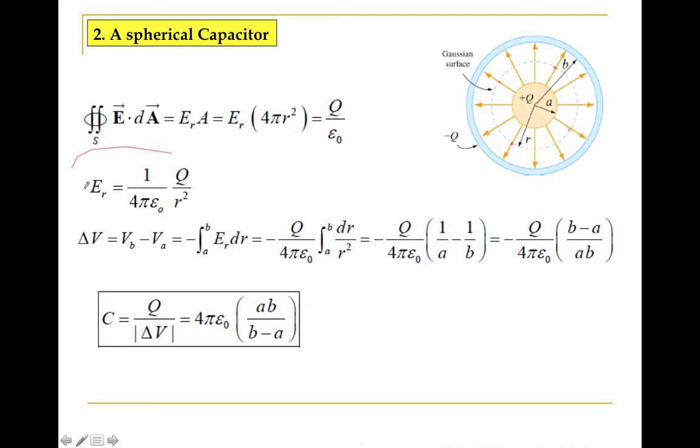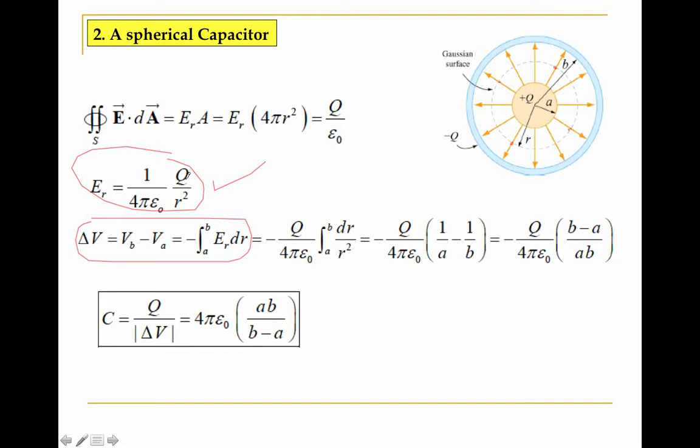So we have used Gauss's law to calculate the electric field many times, and this is the electric field in this region here. In order to calculate delta V, we use this formula, which again we covered last chapter.